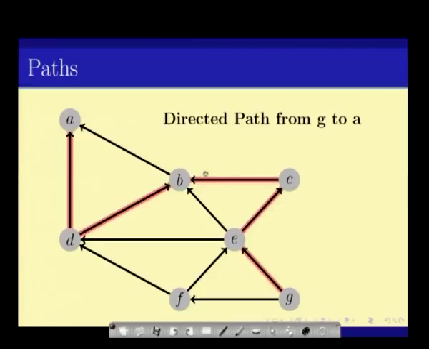From C to B you can also go, but B to D is an edge which is going in the opposite direction. So, there is no way one could go from B to D. So, this is not a valid path. This particular edge is a problematic edge. In this case we get something like this, and this is what we call a directed path. It is a path on a directed graph. Again, we say that there is a directed path from G to A if such a path exists.